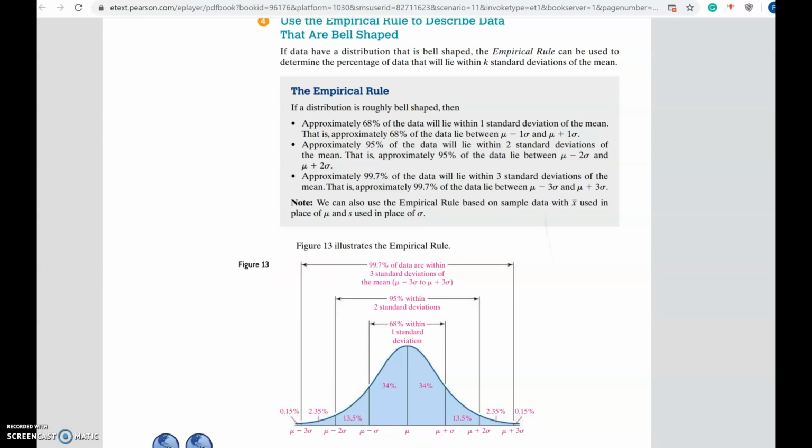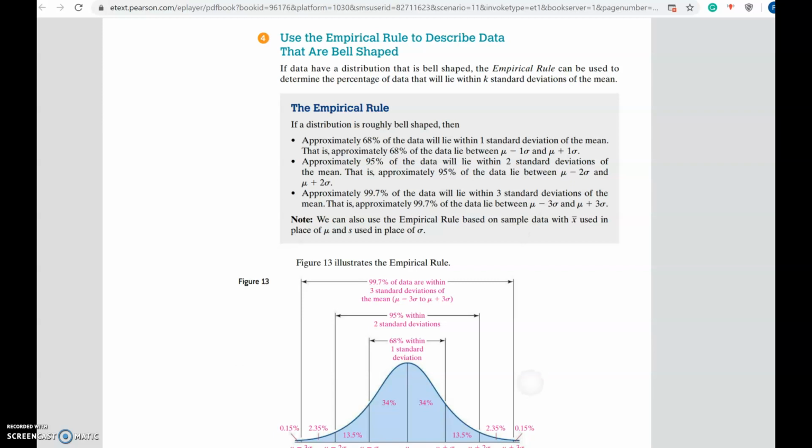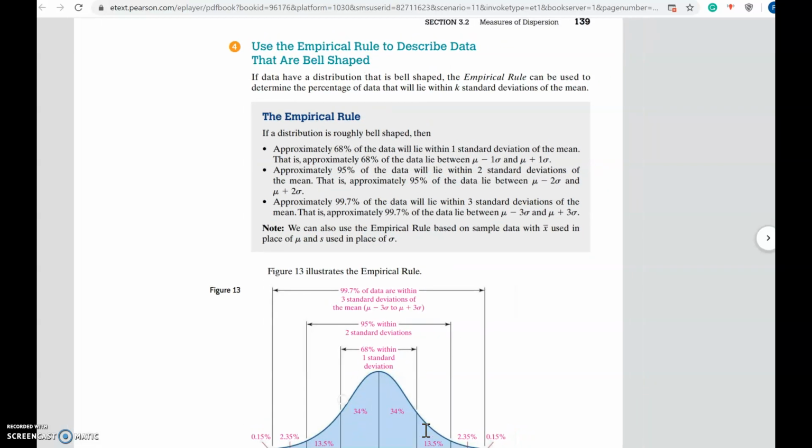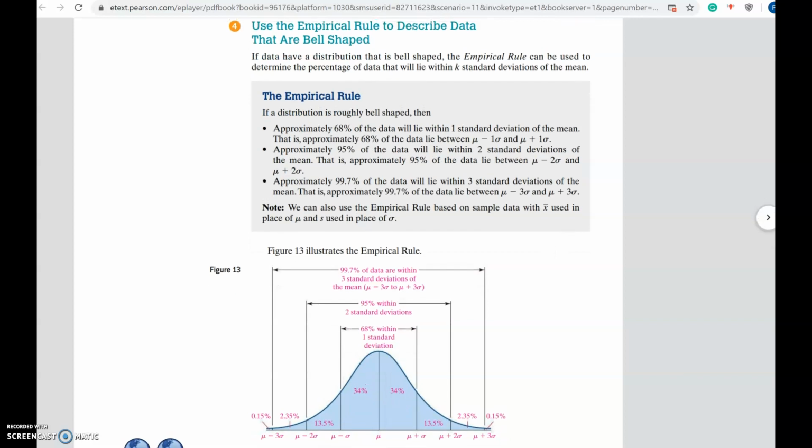And what the empirical rule says is the following. So you technically have data that happens to be, well, at most, within a total of 3 standard deviations away from the mean. And when it says within, technically that means 1 standard deviation above, 1 below, or 2 above, and technically 2 below.